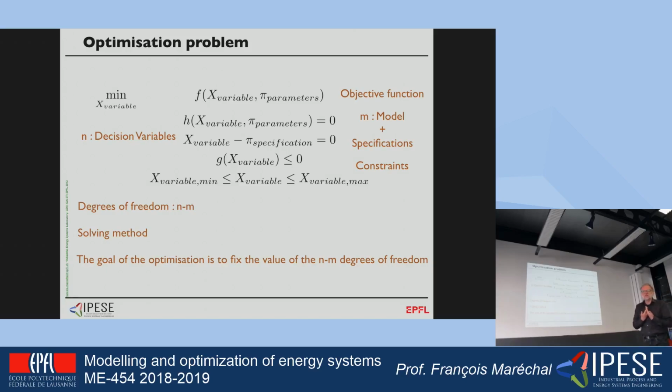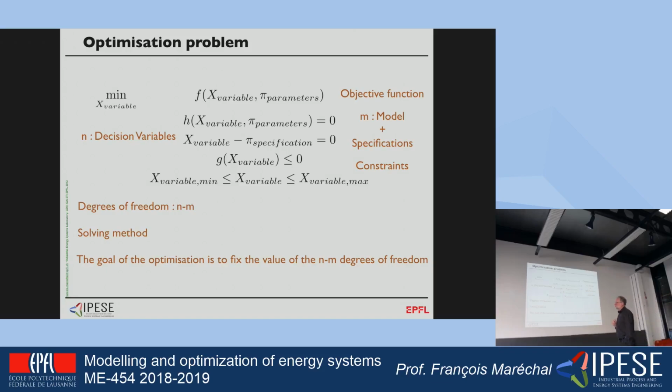We are going to fix those degrees of freedom by having an objective, which is, for example, minimizing the total cost of the system. That's what you have presented this morning. So what I'm going to discuss today are the solving methods that can be used to fix the values of all the variables that are not bounded by equations, in such a way that they minimize an objective function.